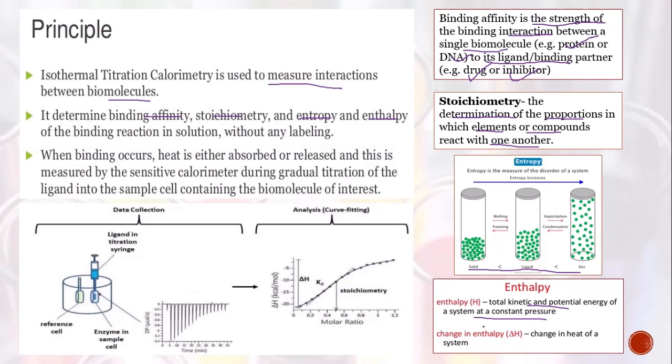Normally we say that a change in enthalpy is the change of heat of a system. So when binding occurs between our two biomolecules, heat is either absorbed or released. And this is measured by a sensitive calorimeter during gradual titration, because this is isothermal titration, through gradual titration of the ligand into the sample cell that contains the biomolecule of interest.